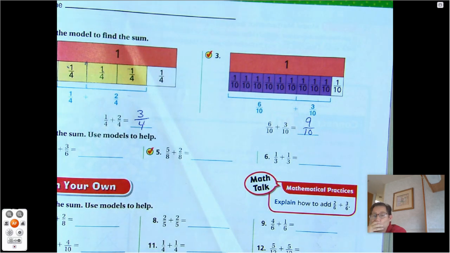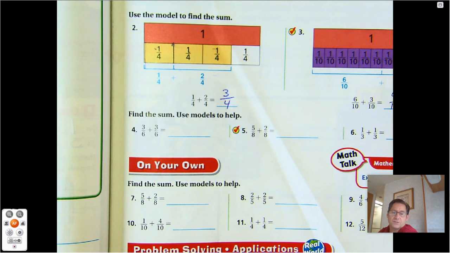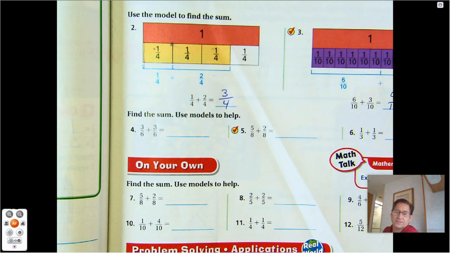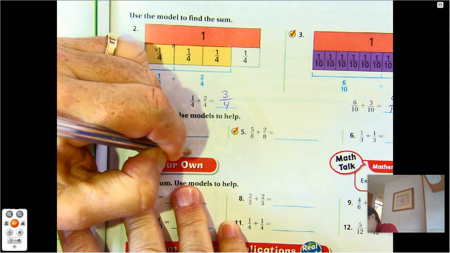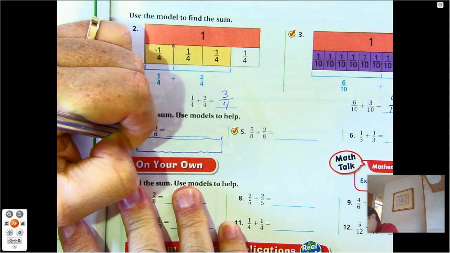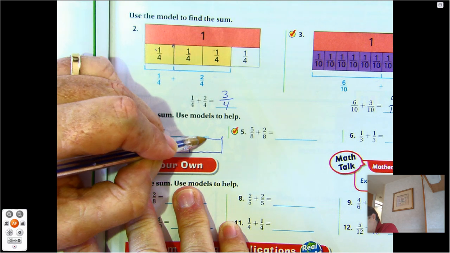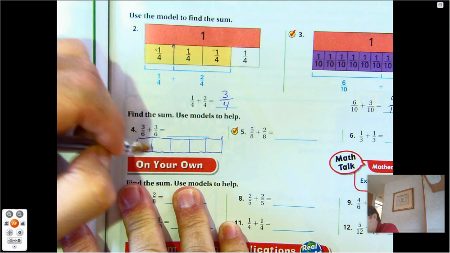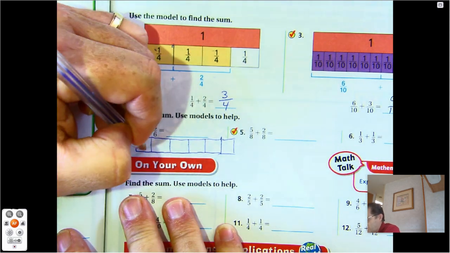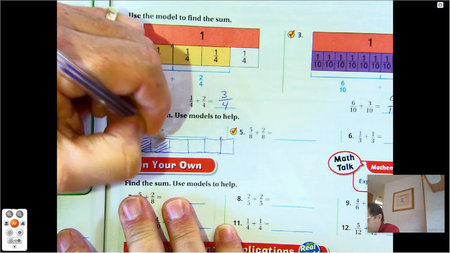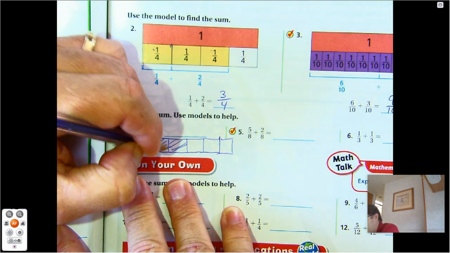All right. Find the sum. Use models to help. 3/6 plus 3/6. Okay, so we have 1/6, 1/6, 1/6.